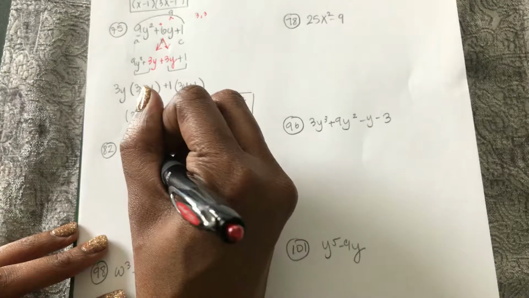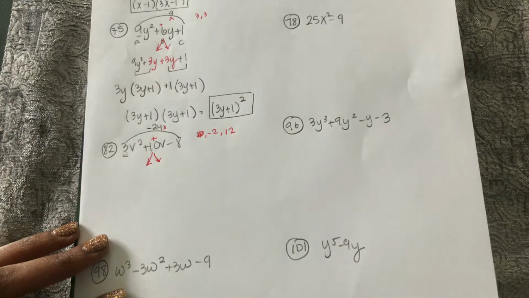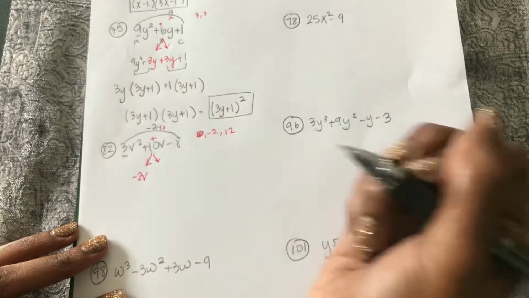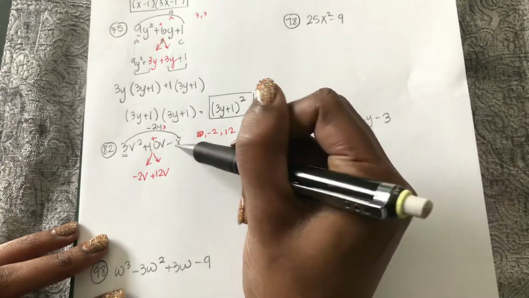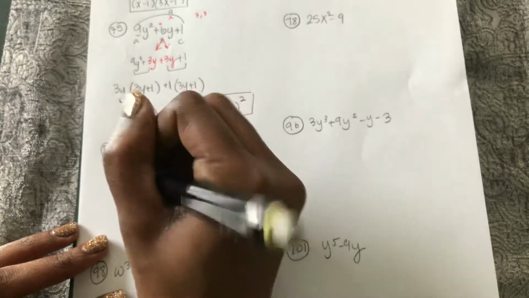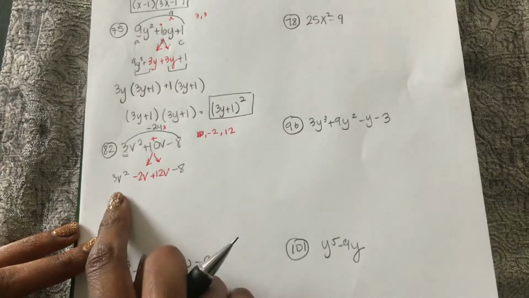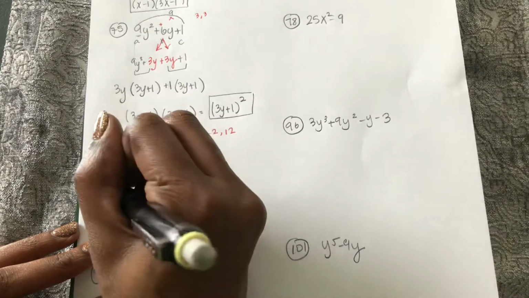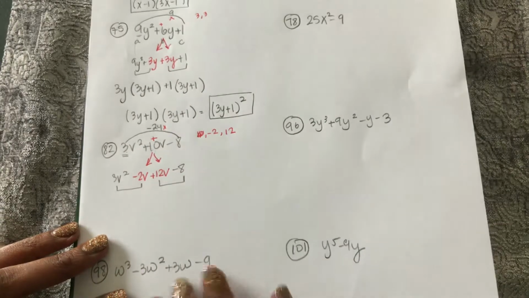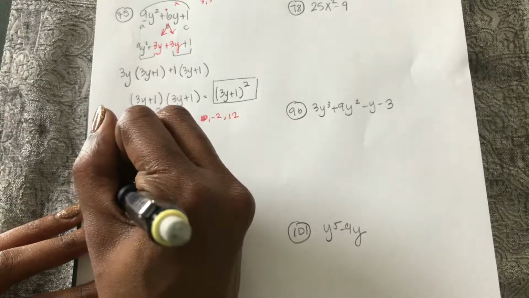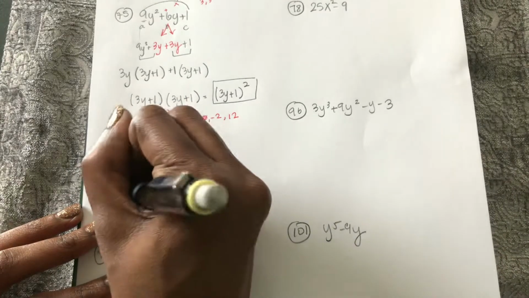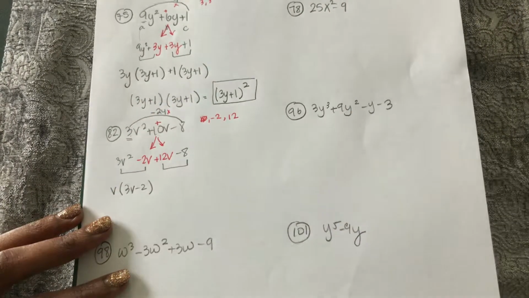So that means we're going to split this middle term up to be -2v plus 12v. Bring down your last term, bring down your first term. Now we have 4 terms. Group your first two, group your second two. The GCF of this group is v, and that leaves 3v minus 2.